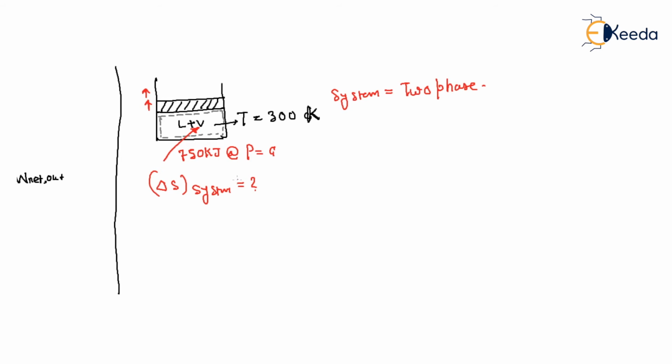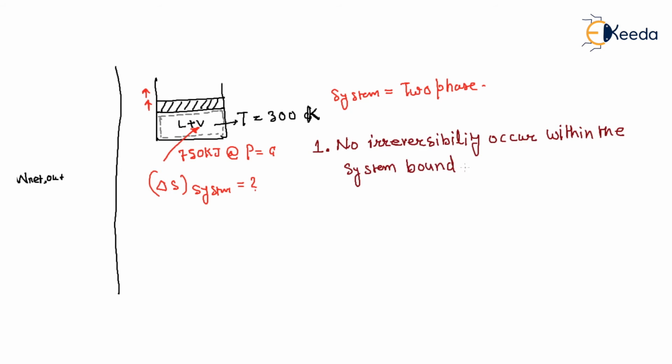Assumption number one: no irreversibility occurs within the system boundary during the process. So it is an internally reversible process.